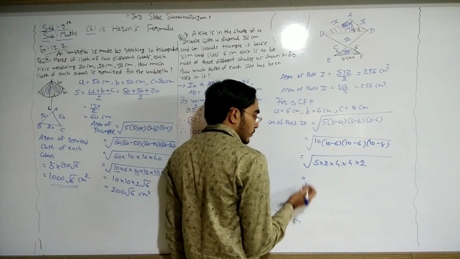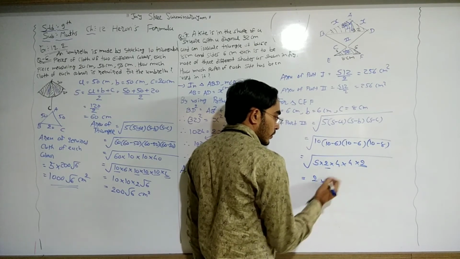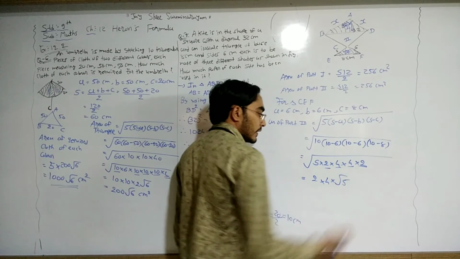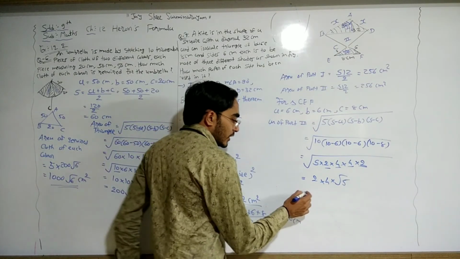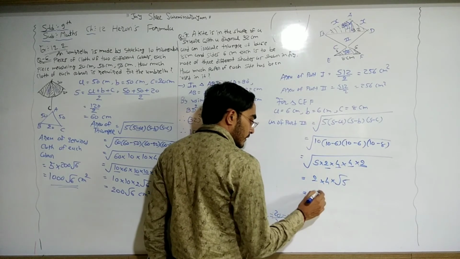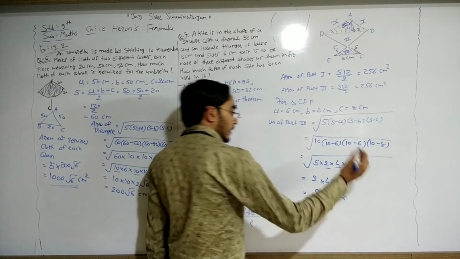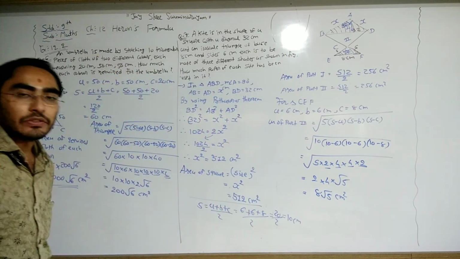Now take the square root. So 2 times 2, one time 2. 2 times 4, one time 4. And 5 remains as it is, because 5 appears only one time. So finally 4 times 2, that is 8, under root 5 centimeter square. This is our answer.